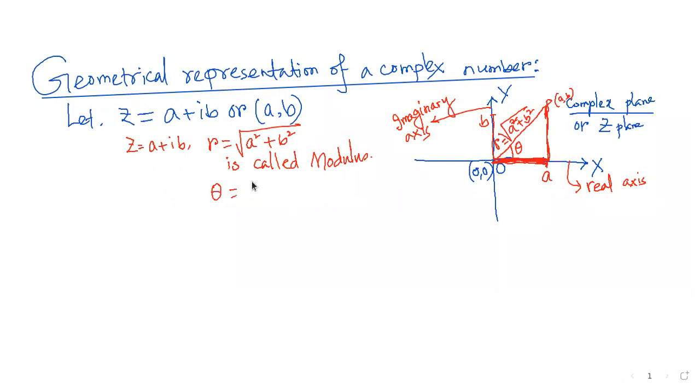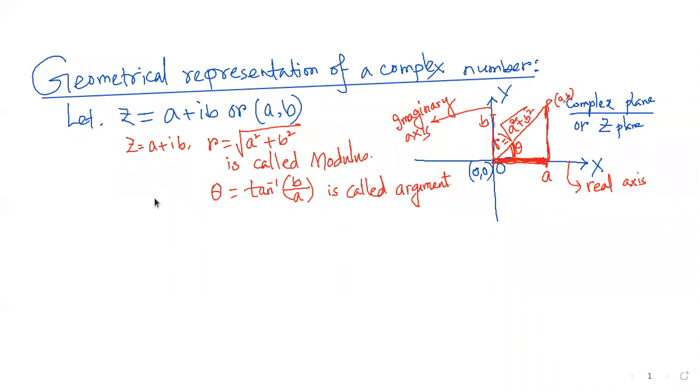Theta equal to tan inverse b by a. I think you know that. So theta equal to tan inverse b by a is called the argument. Good.